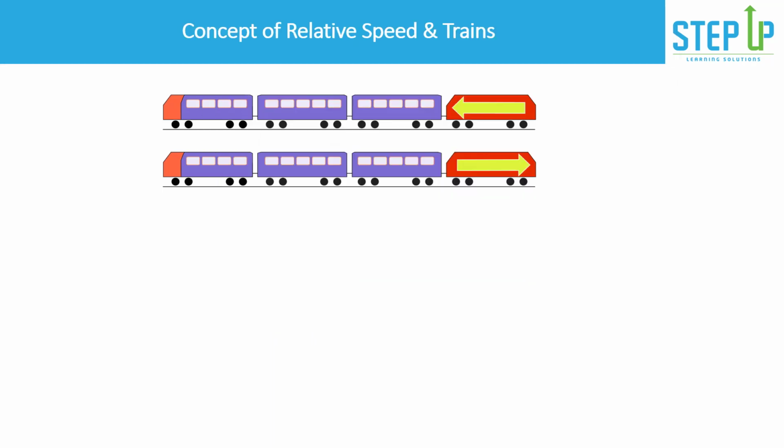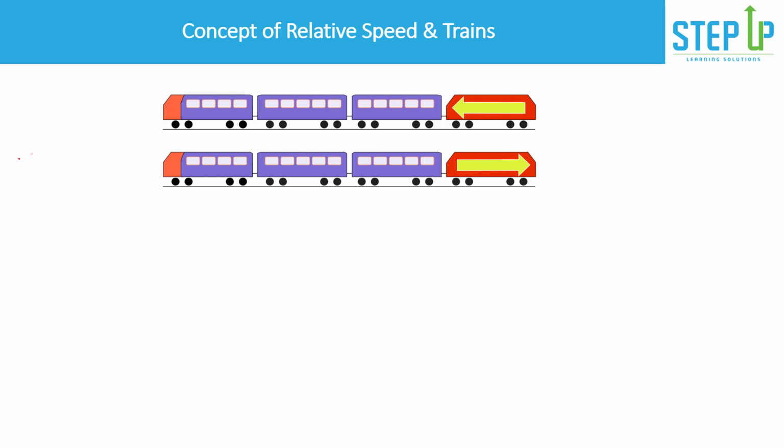First, I would like you to focus on this concept of relative speed, something which is very common. So what is relative speed? When two bodies are moving, the speed of one body with respect to another body is the concept of relative speed.